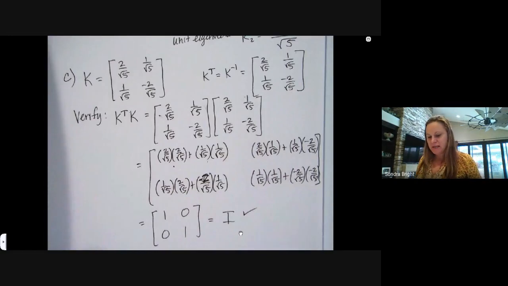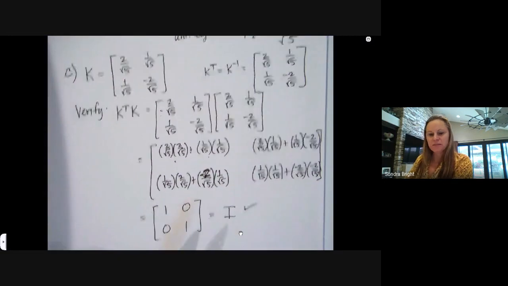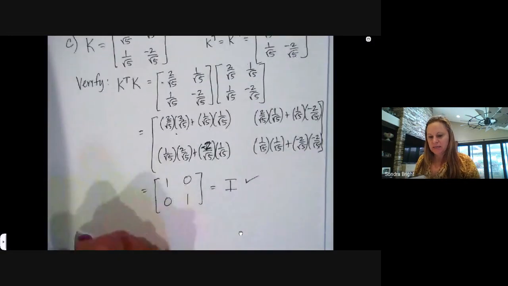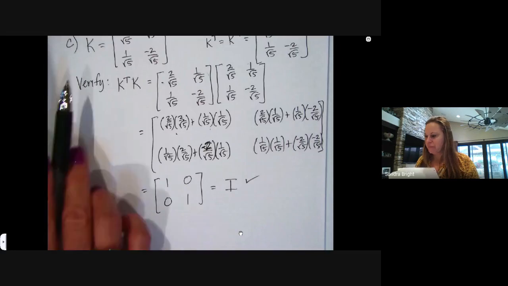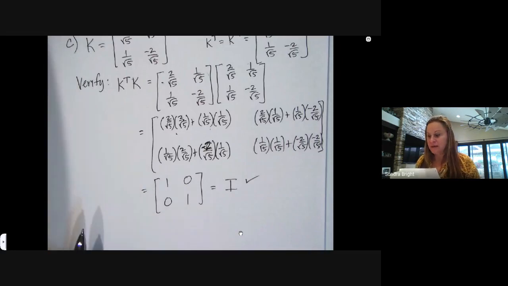All right, so then they also wanted us to find D. This was still part C, I think. They wanted us to show that K inverse was equal to K transpose, which I just did. They also want the diagonal matrix.